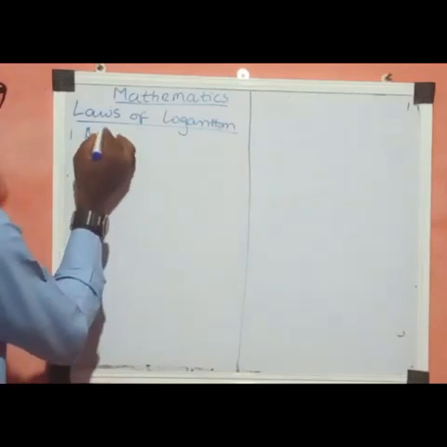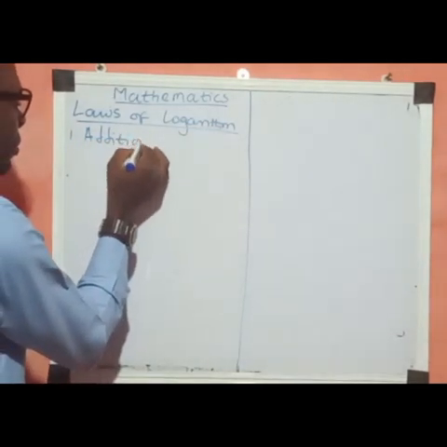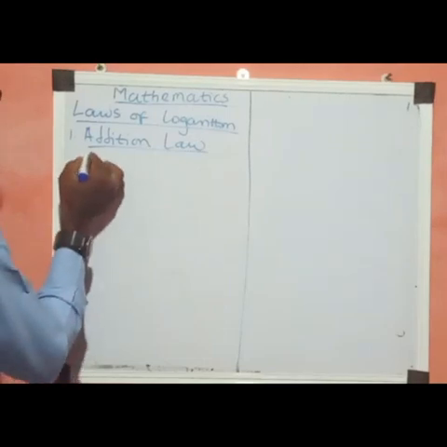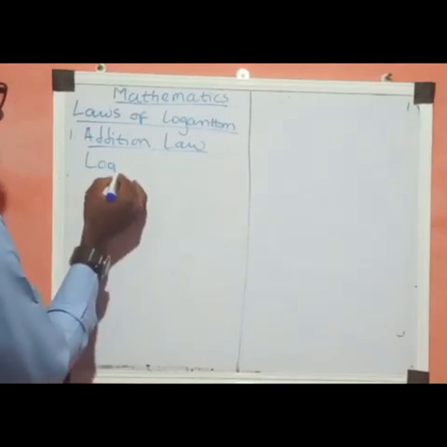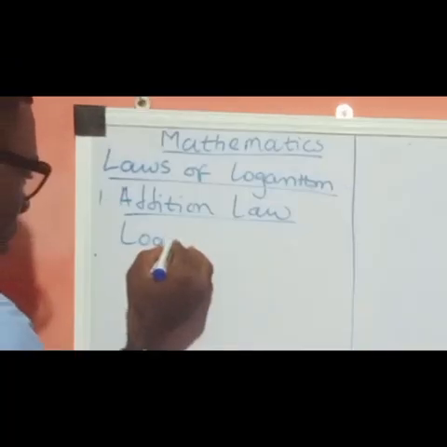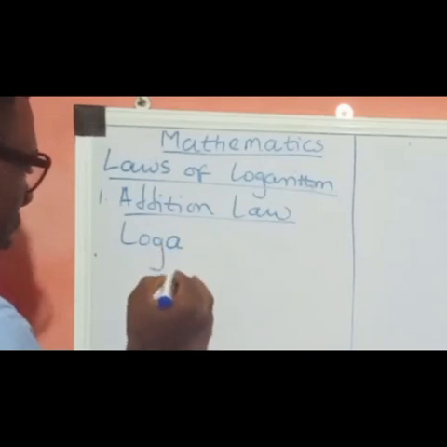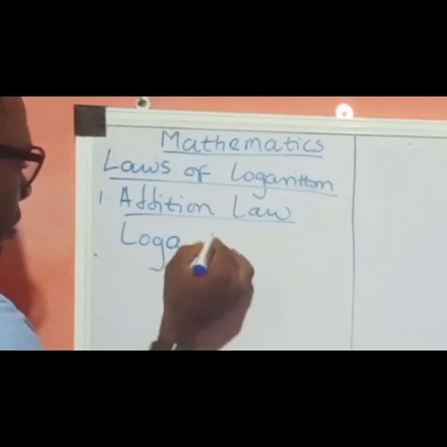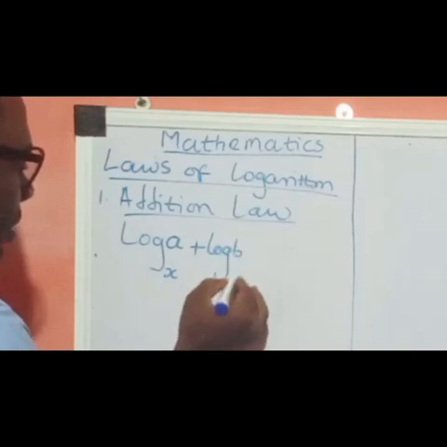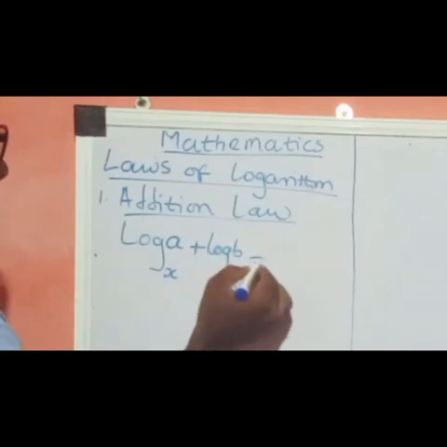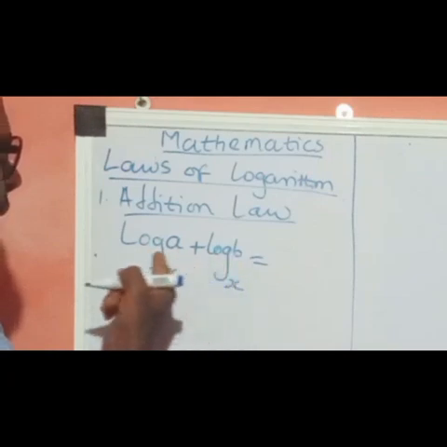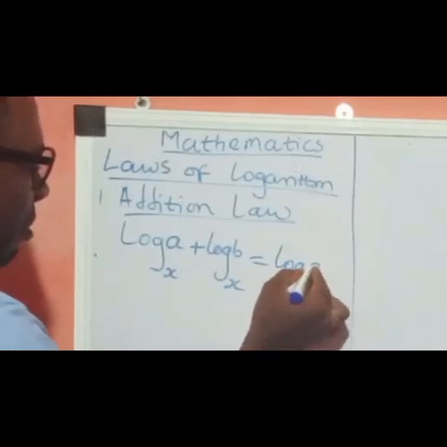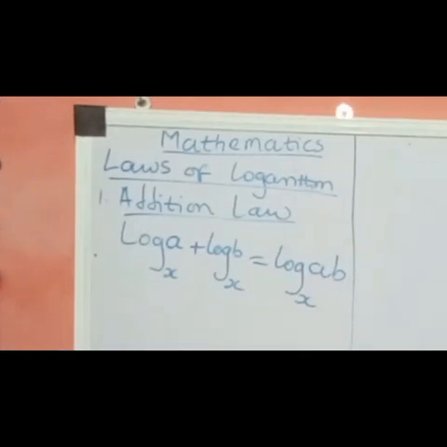Number 1 we call the addition law. The addition law states that if the log of a number, say a, to base x is added to the log of another number b to the same base x, we can put these two logarithms together by giving them the same log and then multiplying the numbers.